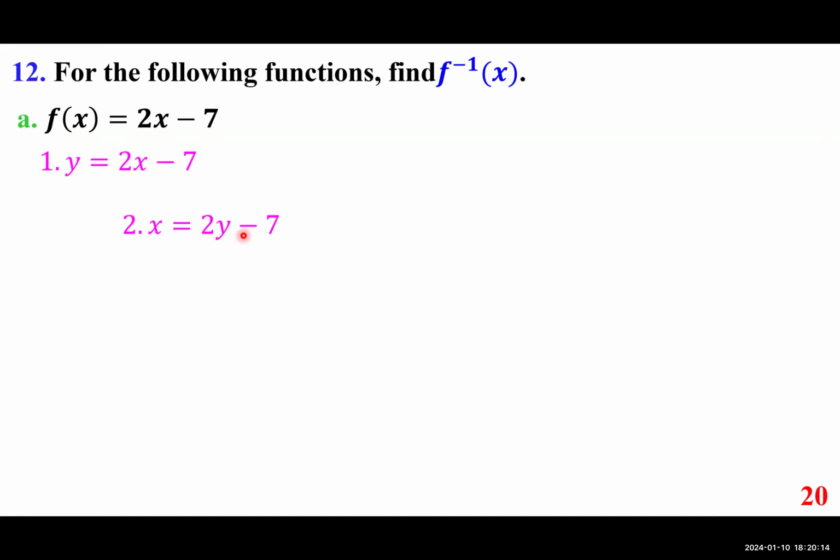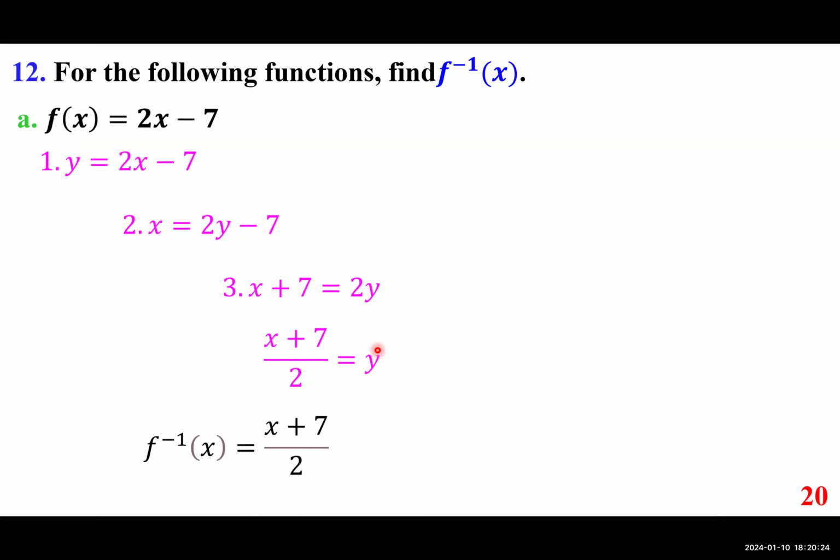We solve for y, which means we're going to move the 7 and we're going to divide by 2. Now, this is the inverse function, and we use the notation f inverse of x. This is not f to the power of -1. This is how you read it, f inverse.